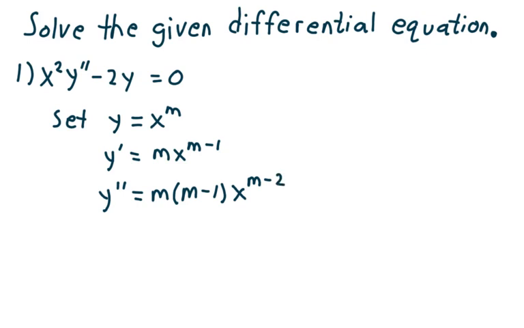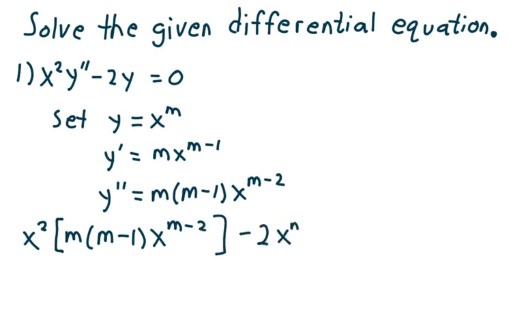Now we get to make our substitution back in. So we get x squared times y double prime, which is m times m minus 1, x raised to the m minus 2, minus 2x to the m equals 0.